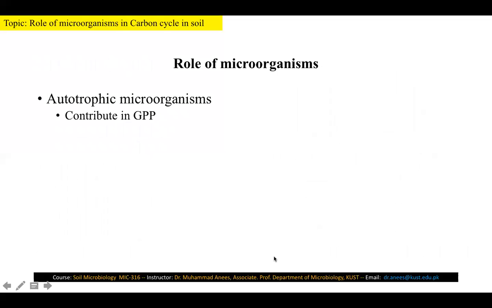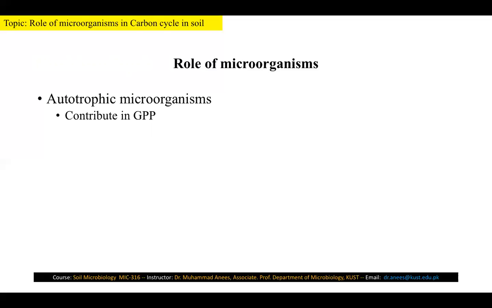So what are the roles of microorganisms in the carbon cycle? If we briefly describe, there are different types of microorganisms that play an important role in the carbon cycle. First are the autotrophic microorganisms, which contribute to gross primary production.